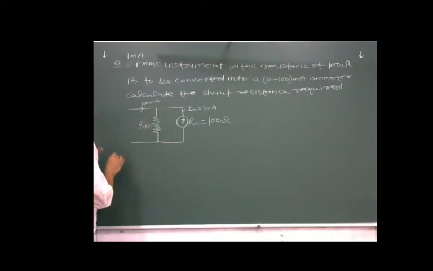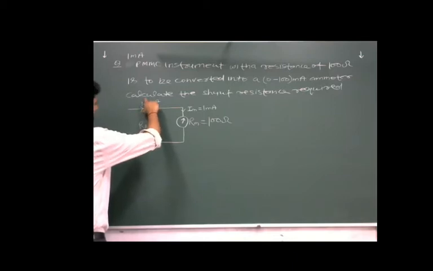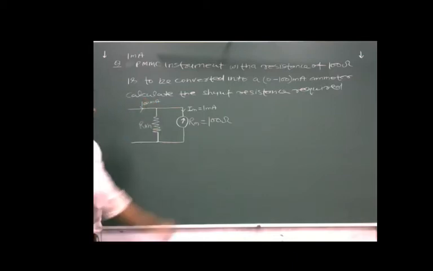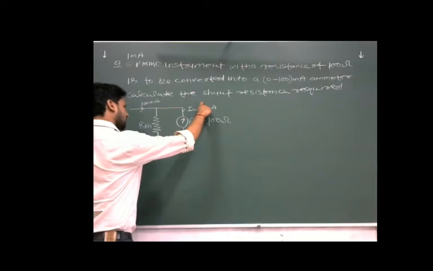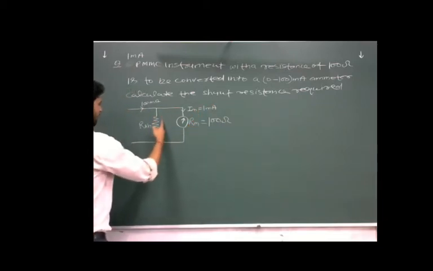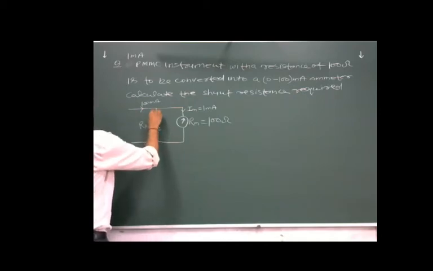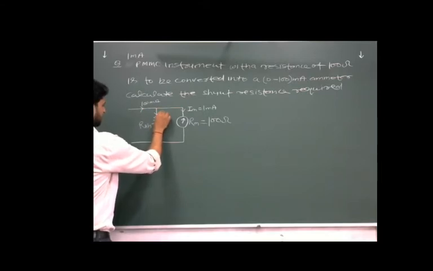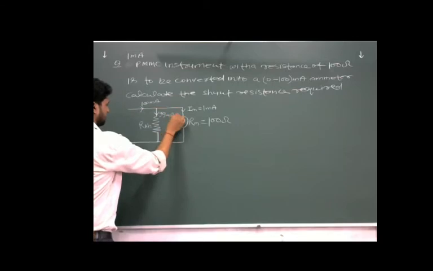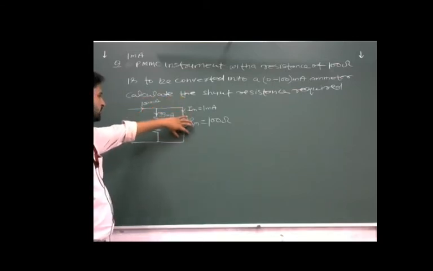Here is the concept. It is known that the total current is 100 milliampere. The current passing through the ammeter is 1 milliampere. Then what is the value of current in this branch? By using KCL, we can write that the current is 99 milliampere, because the total current is 100 and 1 milliampere is passing through this ammeter.